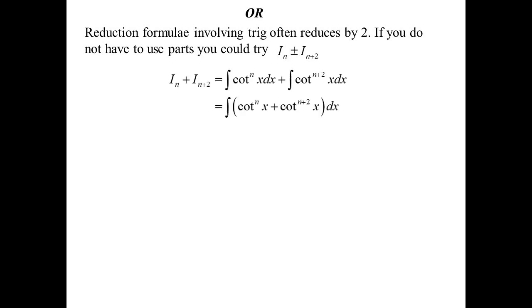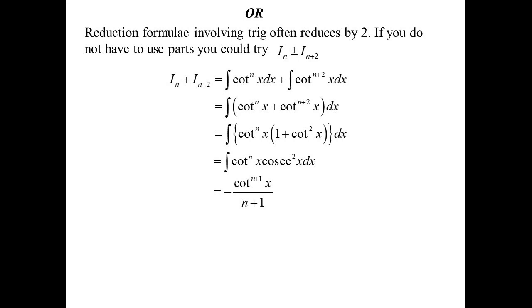So for this one, I could have gone, well, I_(n+2) is cot to the n plus cot to the n plus 2. Join those together, factorise out the 1 plus cot squared, and I've now got cot to the power of n cosec squared, which is add 1 to the power over the power, and I've now got my formula.